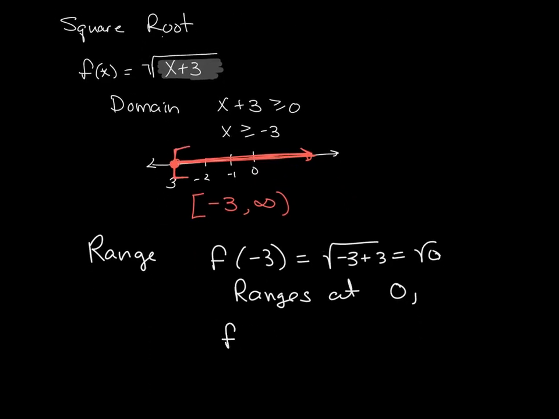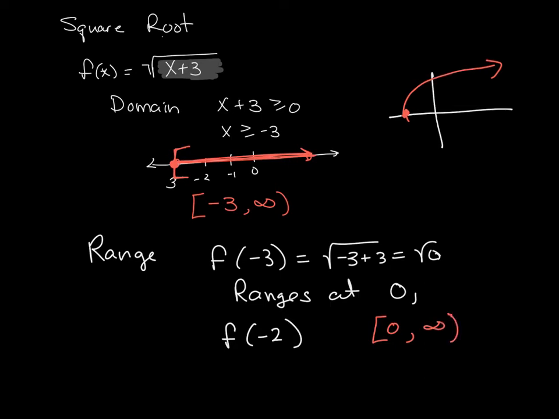Well, if I plug in another value, you're going to see that's the square root of 1, which is 1. And also keep in mind that the square root function always has this shape. So the range for this one would be going from 0 to infinity, and 0 is included in the square root.